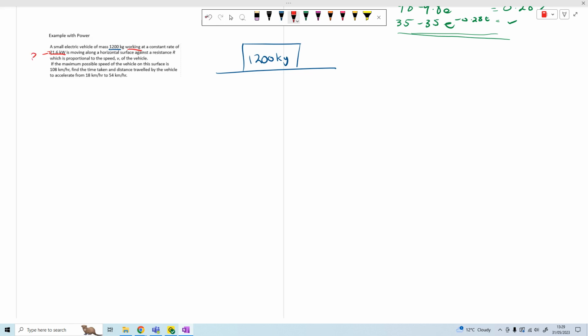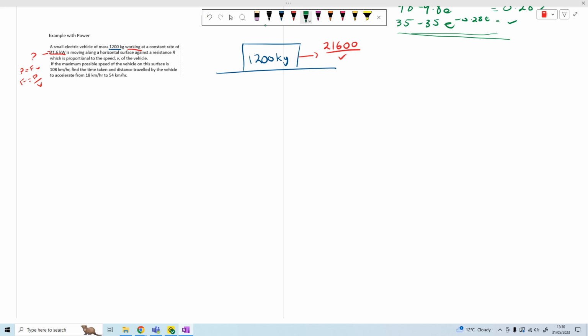Now let's remember my power equation. Power is F times V. So the force is going to be power divided by velocity. In this case, I don't know its velocity, so its driving force is 21600, and remember that's in kilowatts, I want it in just watts, all over V. That's my first part.